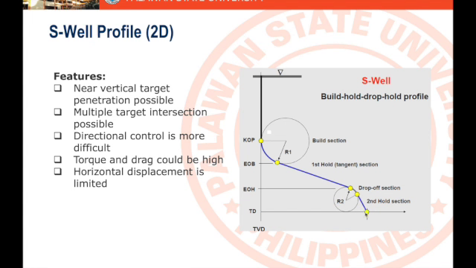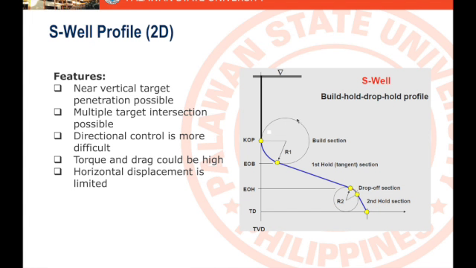As you can see here, you can finish off not vertical, or you can finish off vertical. The directional control here is more difficult since you already built an angle here. You hold the angle, and then at some point at the drop off section, you drop the angle.